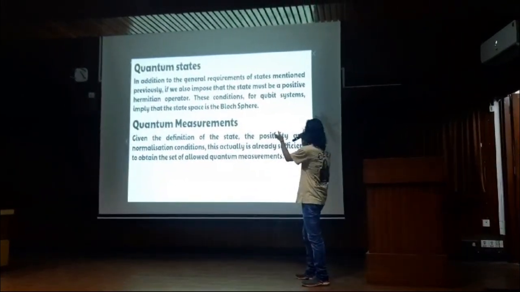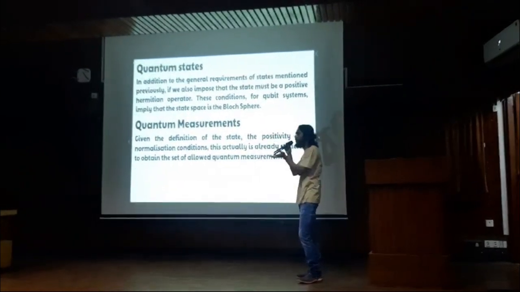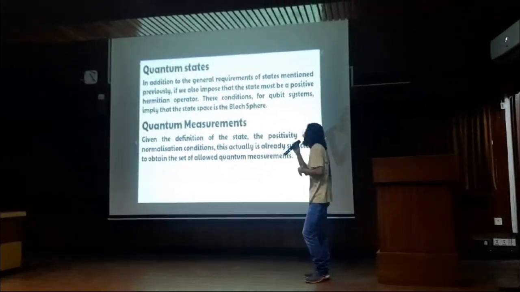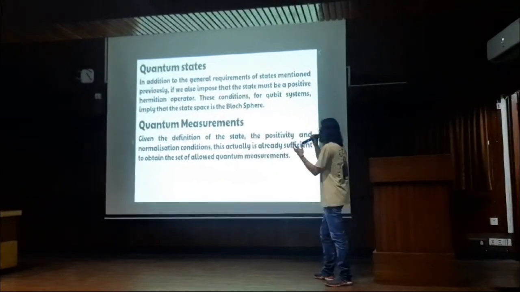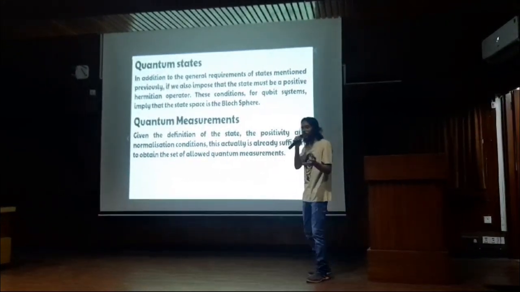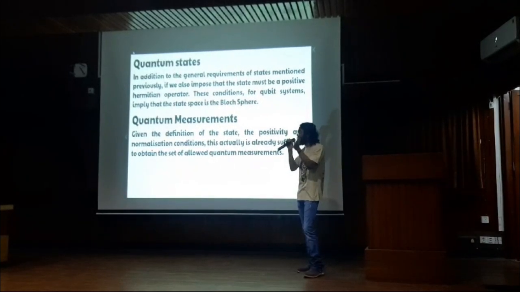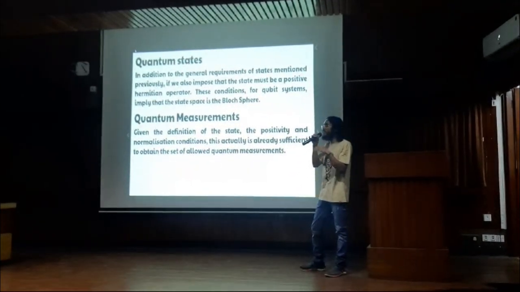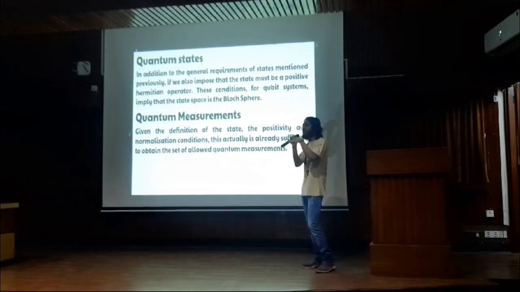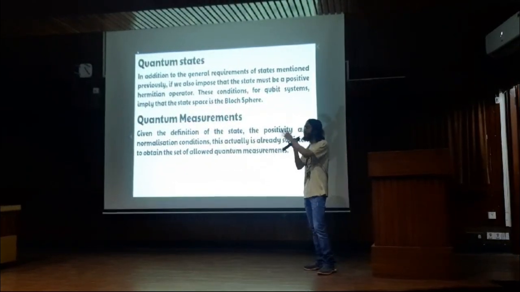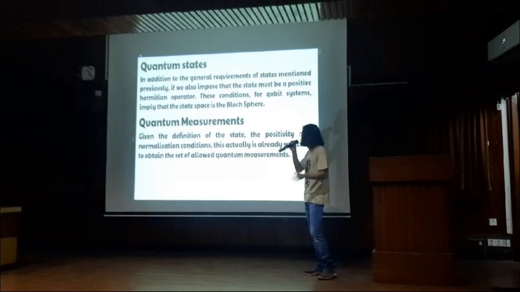But once you apply that ad hoc postulate and you look at your state space, what you observe is that for a qubit, as some of you might know, the most general state space is the Bloch sphere. A qubit is equivalent to a geometrical system that is a unit sphere. The different qubit states are just points within the unit sphere, right?